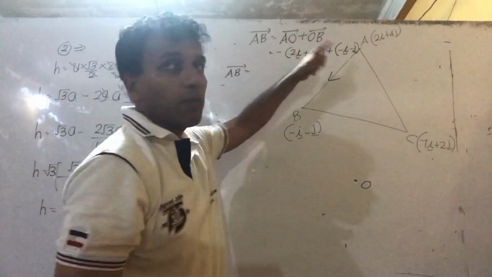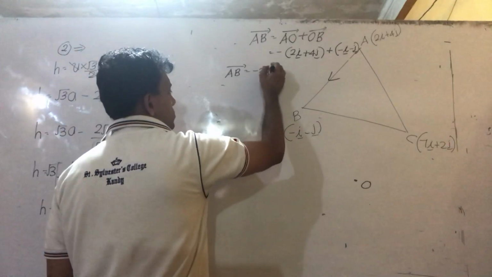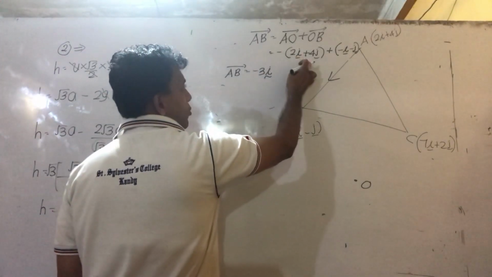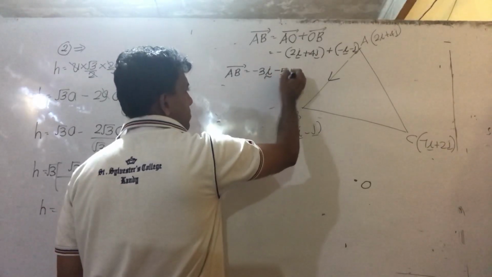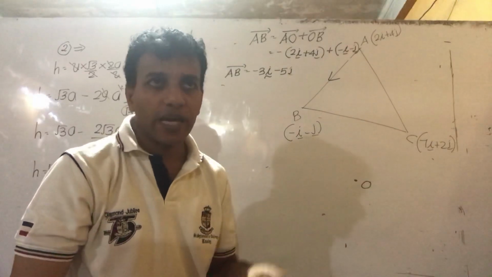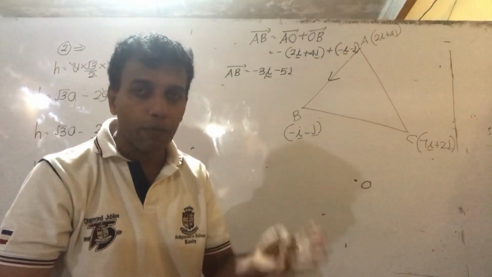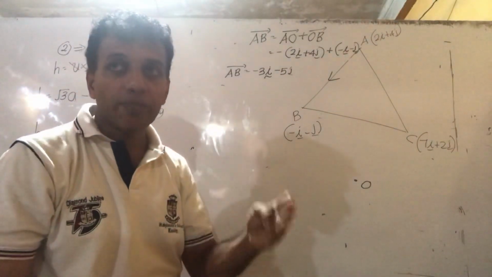Therefore your AB vector simplifies: minus 2i minus i, minus 3i, minus 4j minus j, minus 5j. If you are very clear how to write AB means B minus A, XY means Y minus X in the position vector form, right? So if you know the AB vector, how do you find its magnitude?